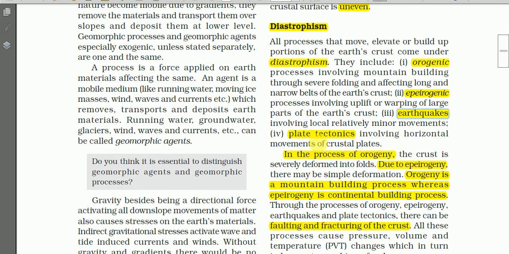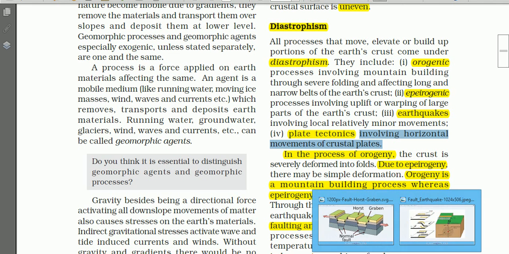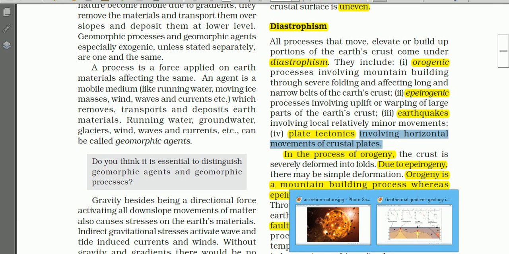Then the last one is plate tectonics. Plate tectonics involves horizontal movement of the crustal plates, and the theory of plate tectonics we have also learned earlier. So let us just recall one diagram.